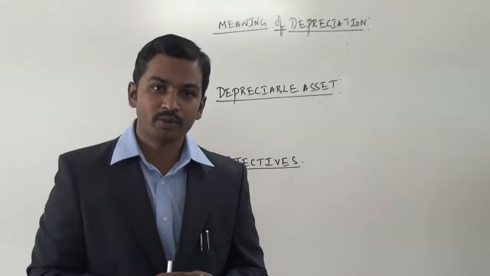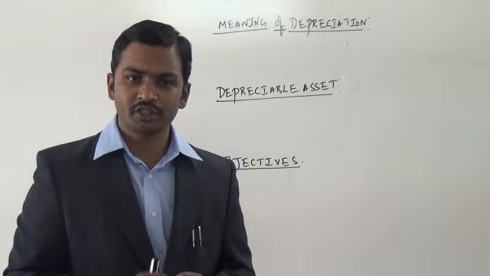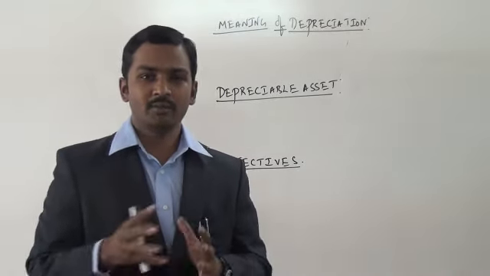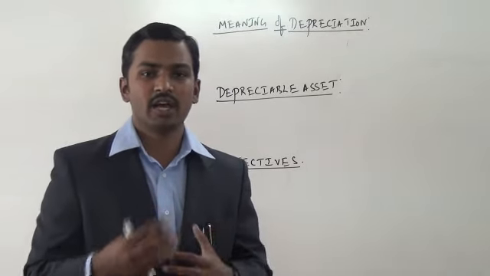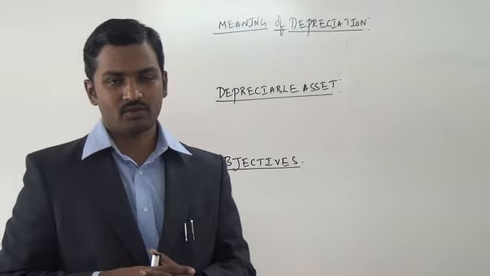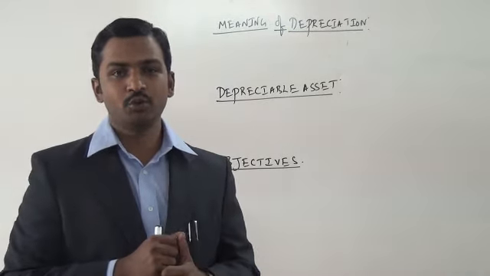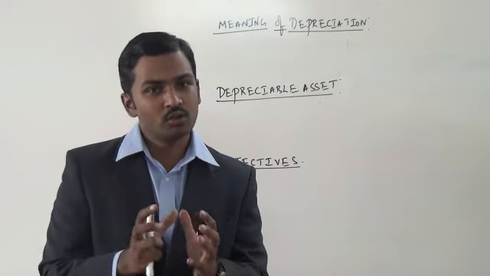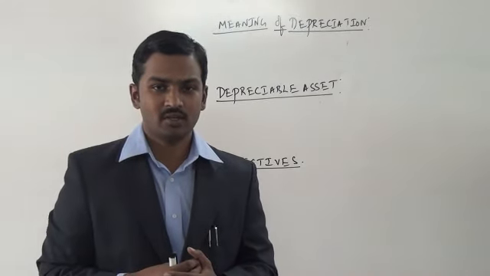Machinery, it helps us to produce goods. Buildings, it helps us to carry out our operations. So we can call them depreciable assets. A chartered accountant who uses a computer. Computer is an asset for him because he is using the computer for providing services to his clients.